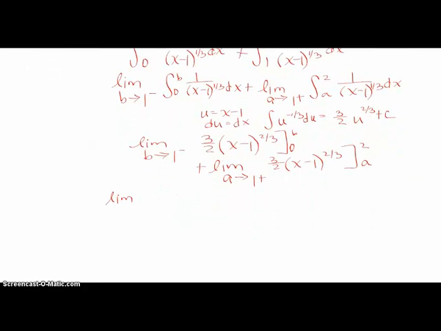So the limit as b approaches 1 from the left of 3/2, upper limit is b, lower limit is 0. There's fundamental theorem for your first integral, plus the limit as a approaches 1 from the right. The upper limit is 2, and the lower limit is a.